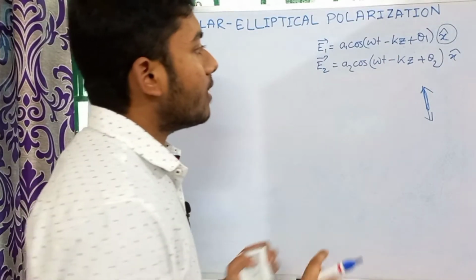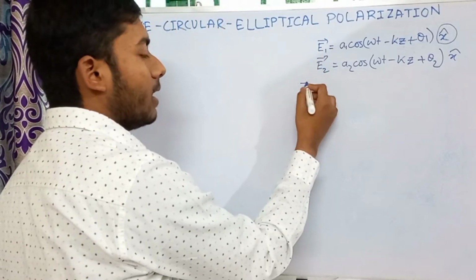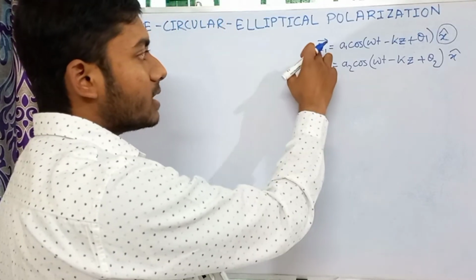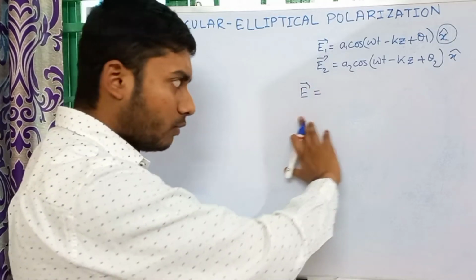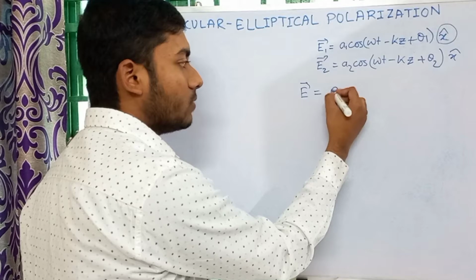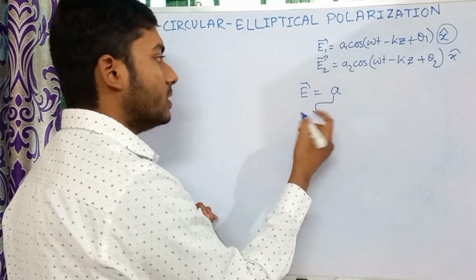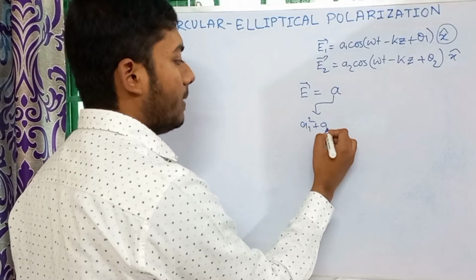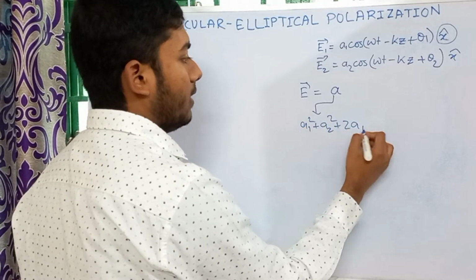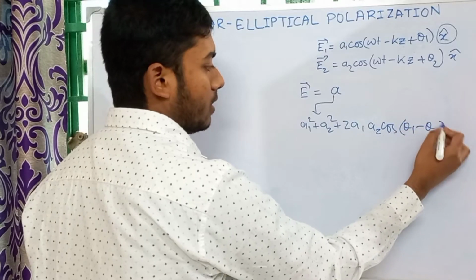Now if we superimpose these two, then what happens? The resultant will be just the E1 vector plus the E2 vector, and the answer will be a constant, which will be A1 square plus A2 square plus 2 A1 A2 cos of theta 1 minus theta 2.